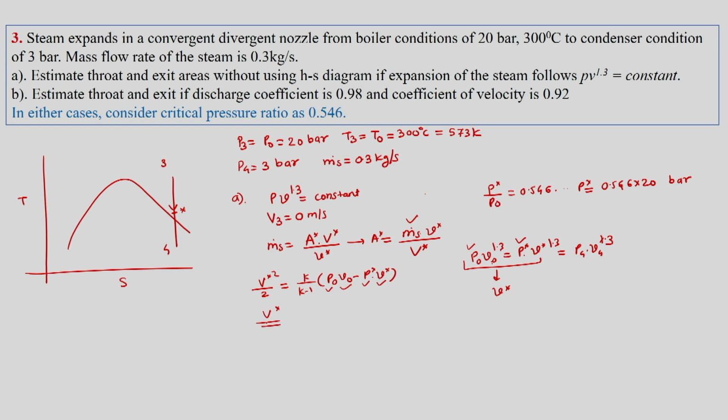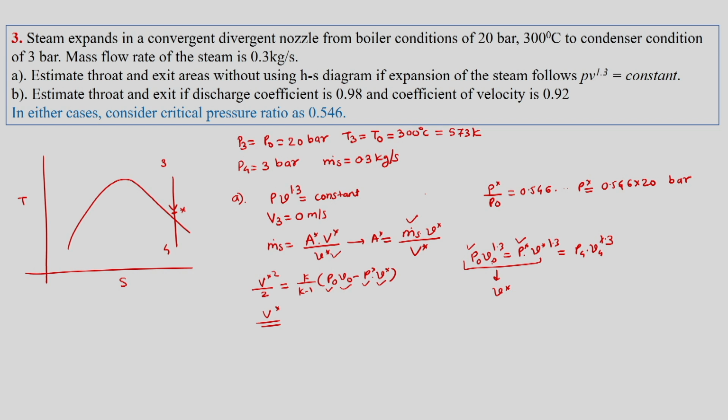This formula is basically telling us that the change in kinetic energy leads to the change in specific volume due to the expansion, as P V raised to 1.3 is equal to constant. Knowing this, we can put in the specific volume and the velocity, and A star can be found for the given mass flow rate. This is how we find the throat area.